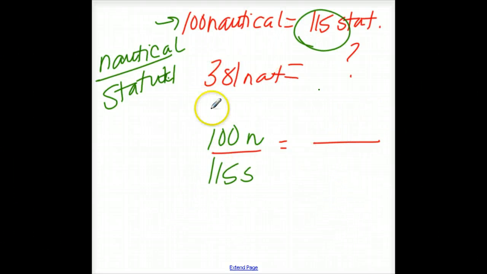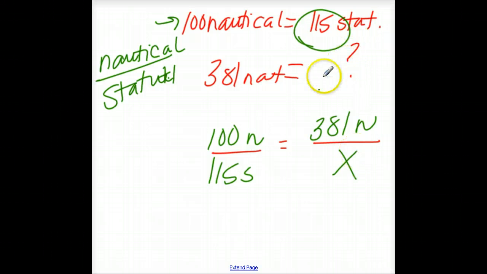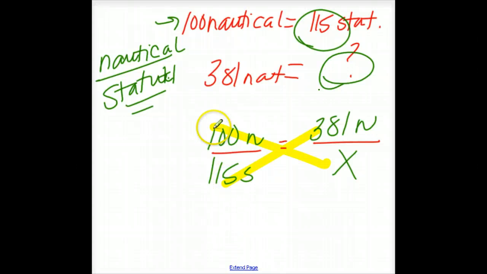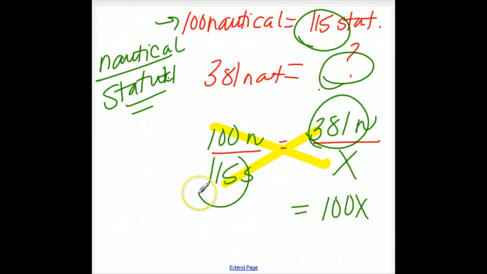In this proportion, I know there's 381 nautical. I'm solving for how many statute, or the bottom number. So we know how to solve a proportion because we're just going to look at cross products. So 100 times x is 100x, and 381 times 115, I'm going to cheat and use my calculator, 43,815.